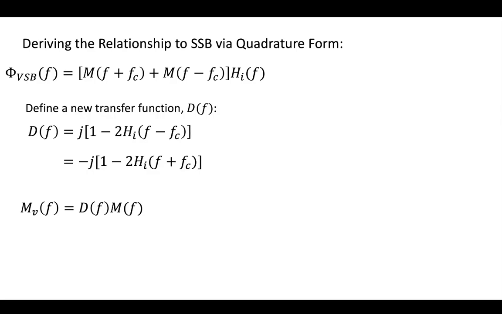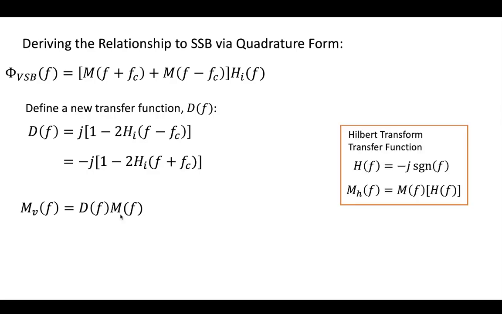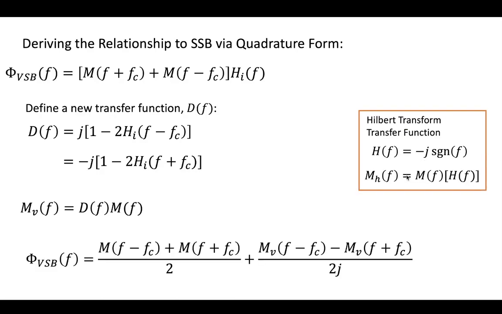And then we're going to define a new version of the message, where the message MV is equal to D multiplied by F. And recall, this is very similar to the Hilbert transform that we defined previously, where we said we could have our message that's been Hilbert transformed if we passed it through a transfer function with this form, which again was imaginary. So we've defined a new transfer function, and based on that, we can get a form of the VSB message, which can be written like this.